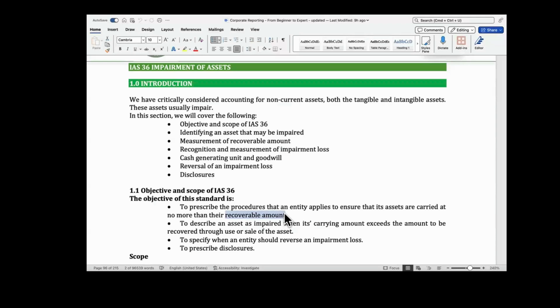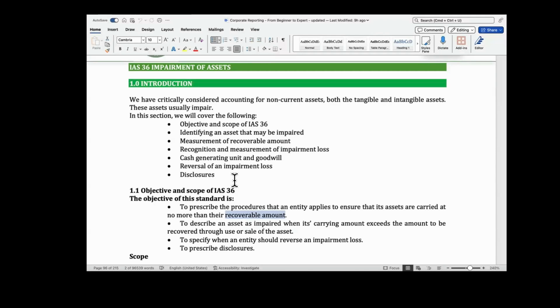And it further stated that if the carrying amount is higher than the recoverable amount of an asset, then that asset is said to be impaired, which is basically what IAS 36 wants to look at.